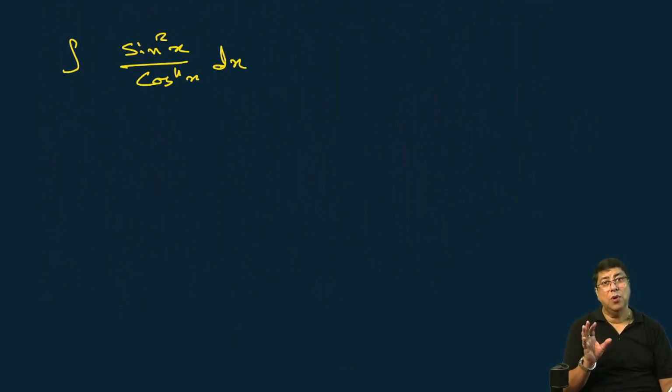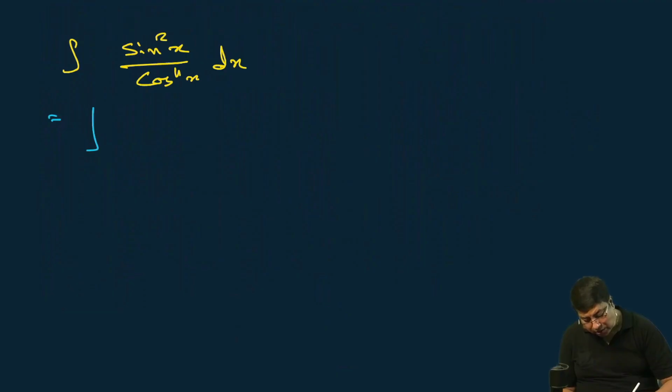It is exactly like a chess game. We have to think that whatever we take as t, its derivative is present in the sum. Therefore, I bring this sin square x by cos square x, that is tan square x, and 1 by cos square x I can take up, that is sec square x.